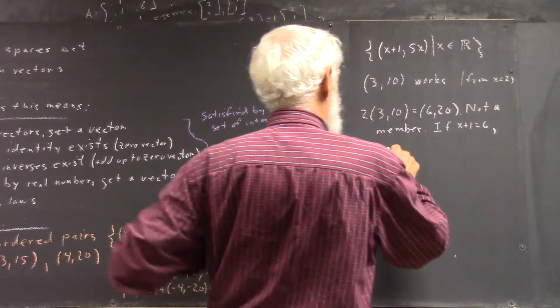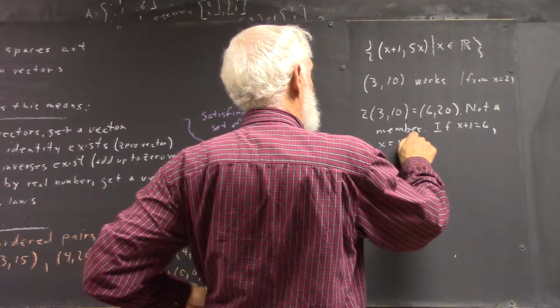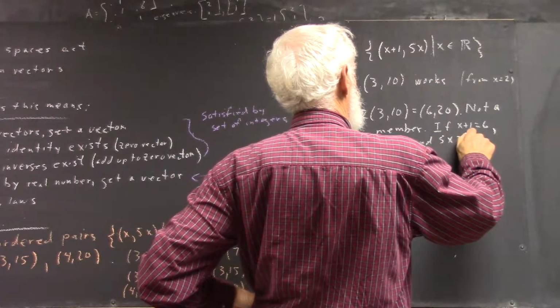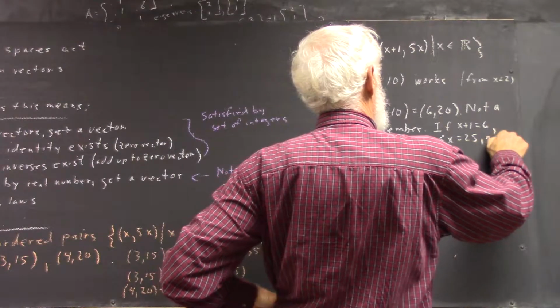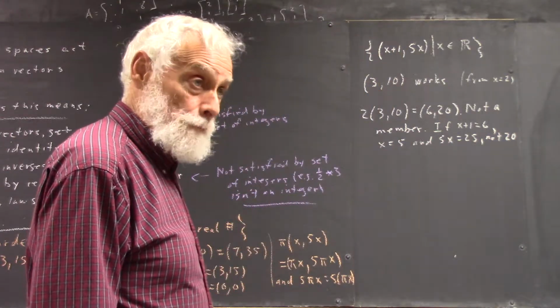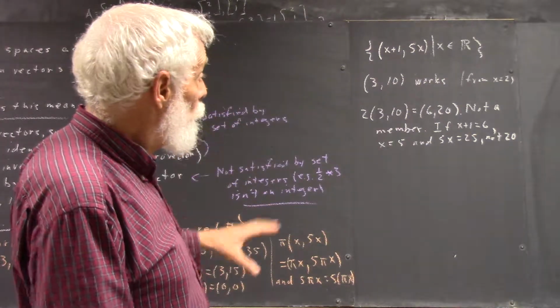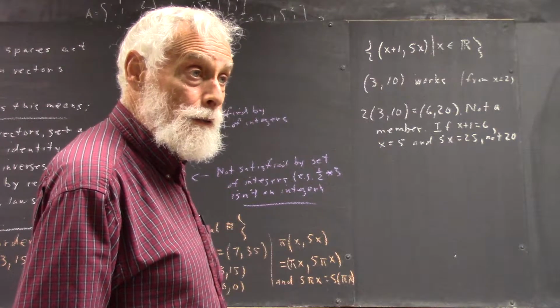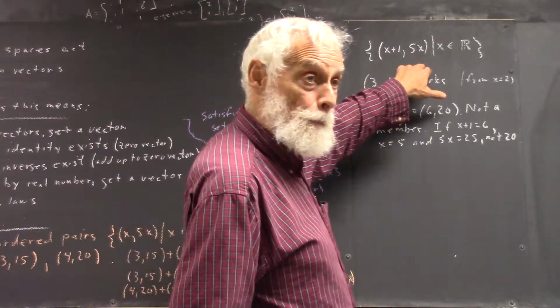If x plus 1 equals 6, x equals 5, and 5x equals 25. Not 20, right? Okay? Now, it's actually more clear if you do this with the symbols. Okay?